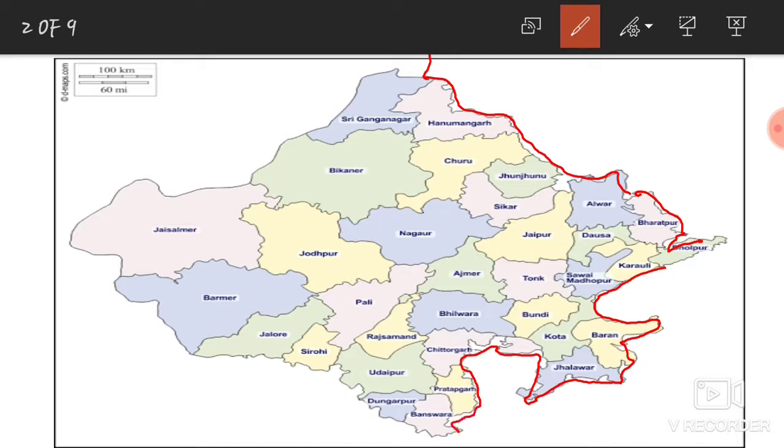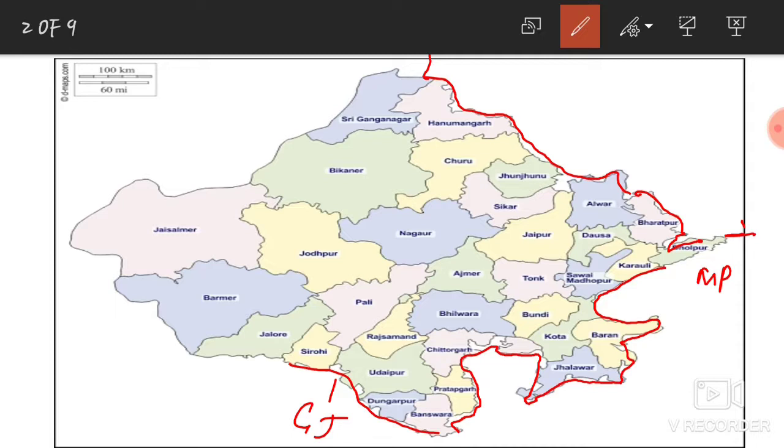Pratapgarh, Banswara, some part of Banswara. This is MP. And if we talk about the southern part, this one Sirohi, Udaipur, Dungarpur, Gujarat shares its border with Rajasthan from here.